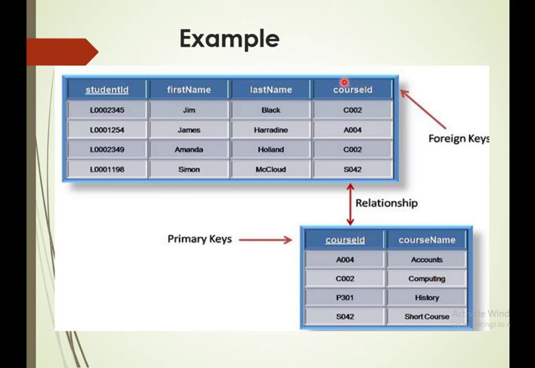So where we are having the course ID in the students table, we are going now to refer to this as the foreign key. Why? Because it has established a relationship with the course ID that exists in the courses table, where it is a primary key. So the foreign key just helps us to build that relationship.